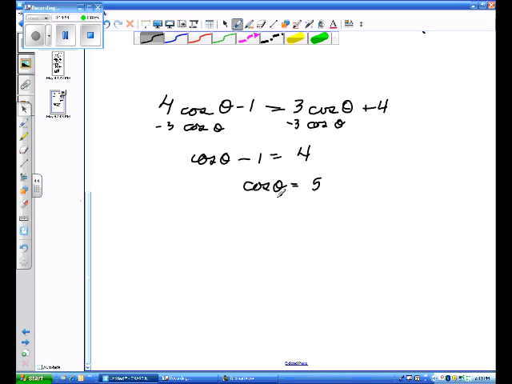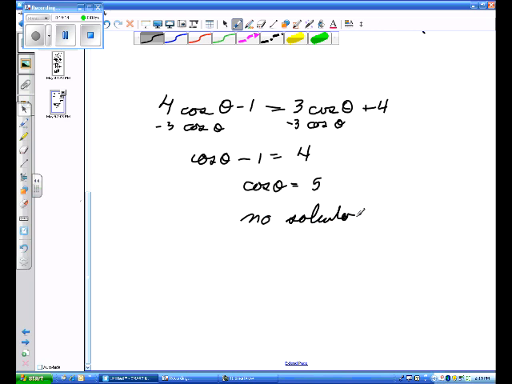Now, one of the things we talked about is that our cosine is always between -1 and +1. The cosine never has a value greater than 1. So we know that this can't be true. So just recognizing that there's no angle that's going to have a cosine of 5, we can go ahead and say there's no solution.